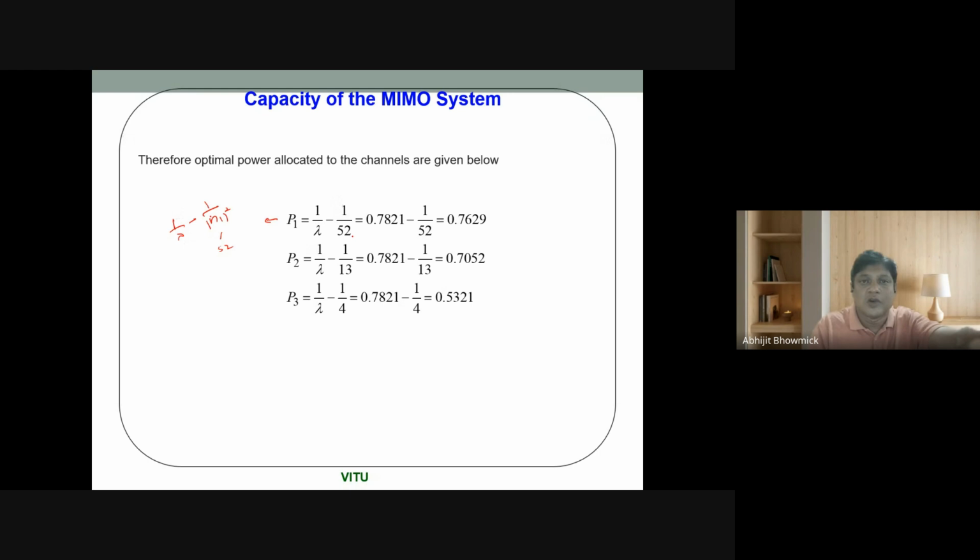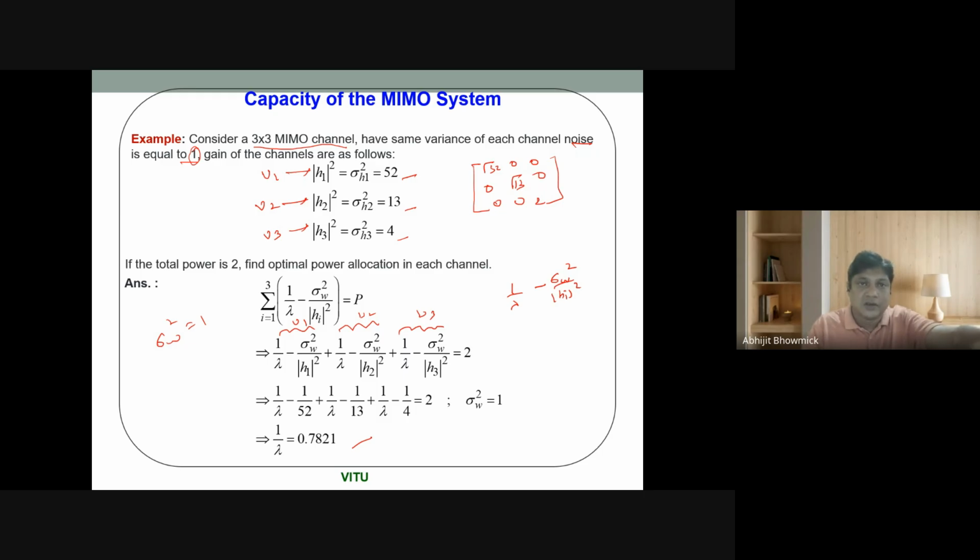That's 1 by lambda minus 1 by 52. It will be approximately 0.76792. P2 would be, similarly, you can calculate, 0.77, and P3 would be 0.5321. So this is how the total available power can be allocated to 3 different users to maximize the sum rate of the system.